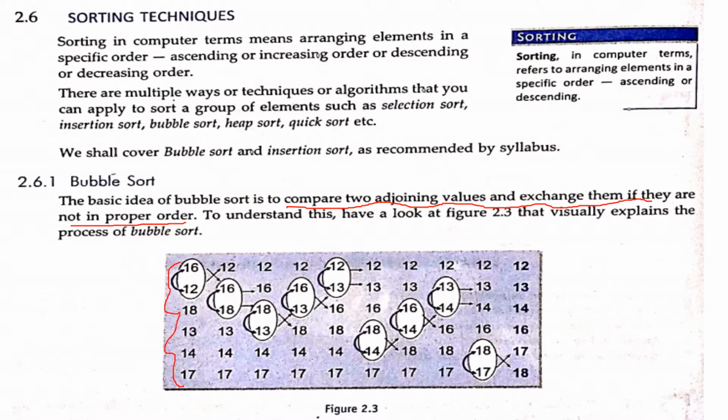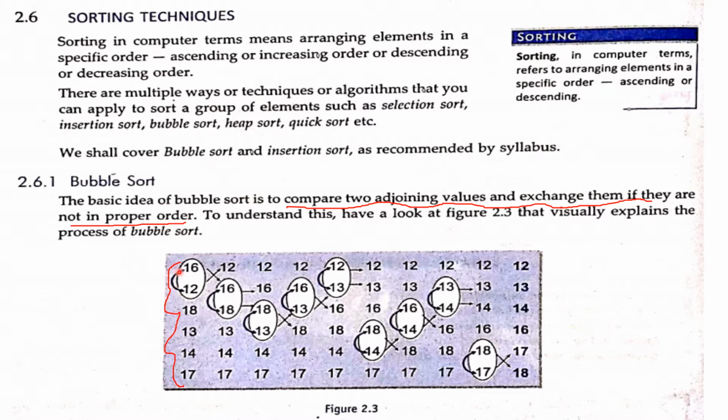The basic fundamental of bubble sort is that we compare the two adjoining values. So here the first value is 16 and the second value is 12. We compare the first value with the second value, and if suppose we are doing it in ascending order, we want each number arranged in an ascending way.